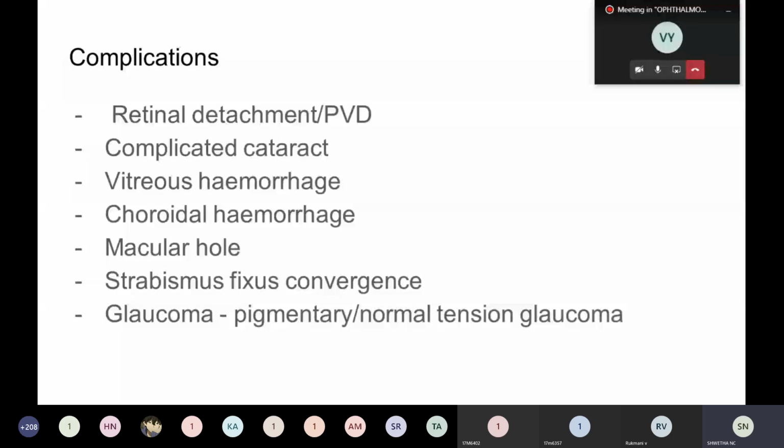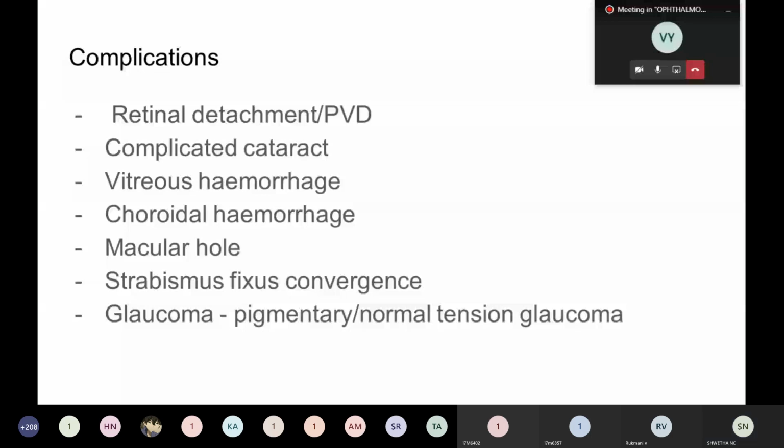Posterior vitreous detachment is also very common. Patients may develop complicated cataract, vitreous hemorrhage, choroidal hemorrhage, or a macular hole because of the maculopathy, and they develop strabismus fixus convergence, that is, a convergence insufficiency.